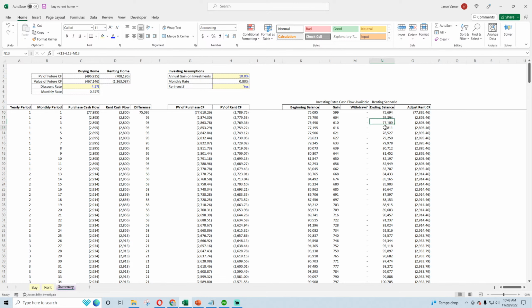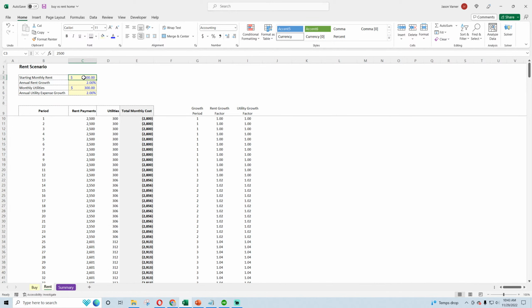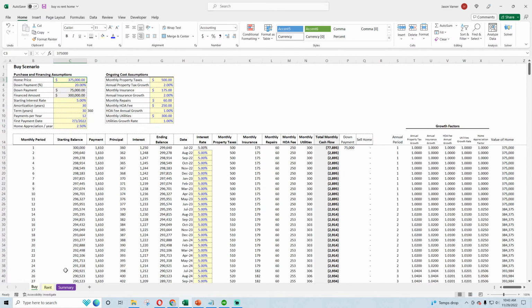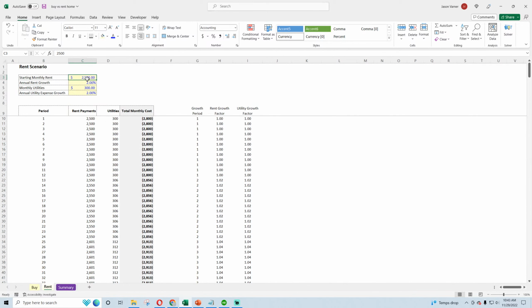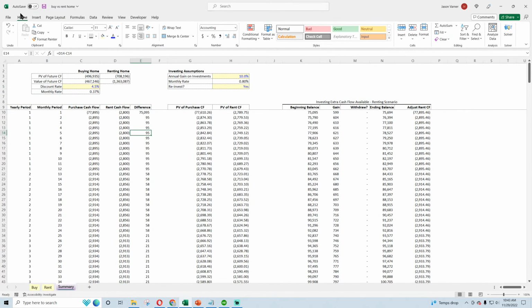Okay, but now I'm growing at an investment rate that potentially is more than the home rate. And I'm investing a little bit more, because in this scenario, and again, I did a kind of crazy scenario where you're renting a $375,000 house for 2.5K a month, which may or may not be feasible depending on the market.